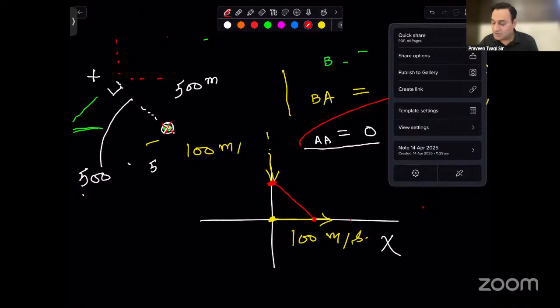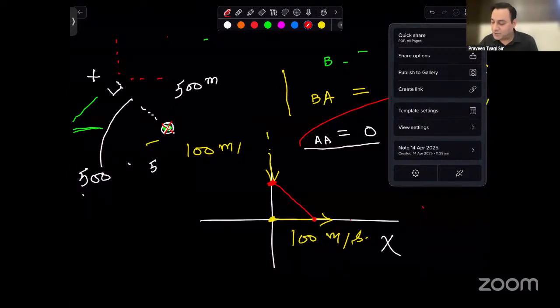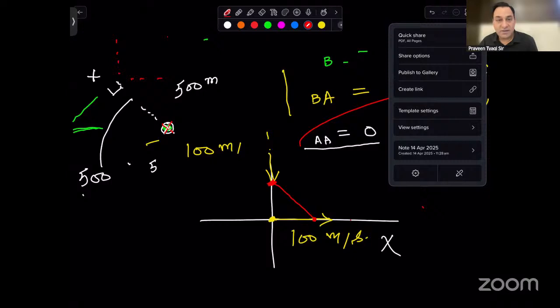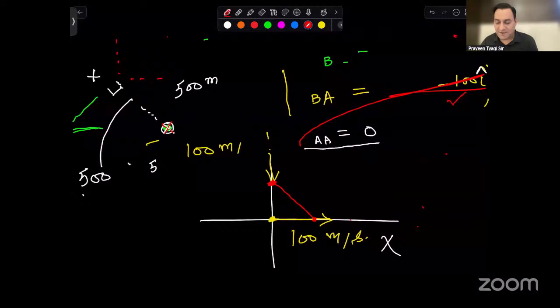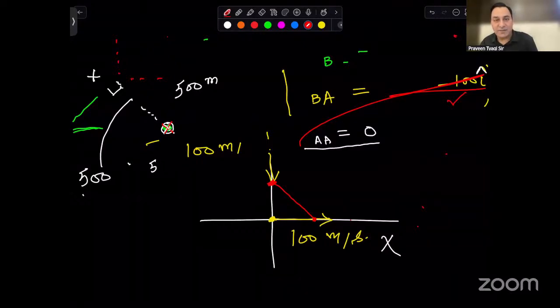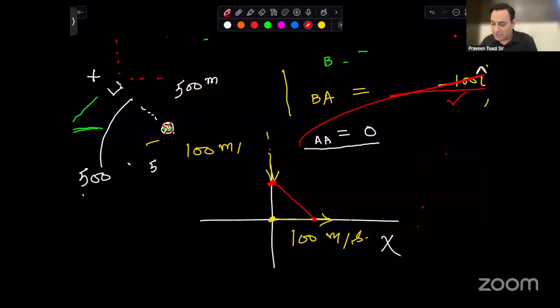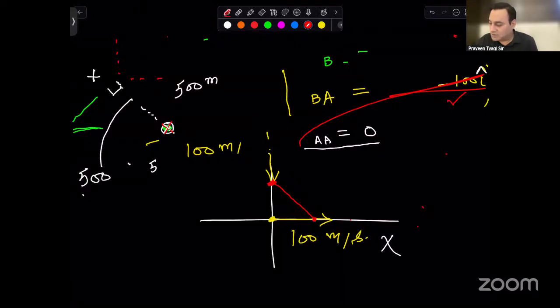Template settings or view settings? Which one? Not from this window. Okay. Then which window? I have to go back. Last right icon. Next to three dots. This one.